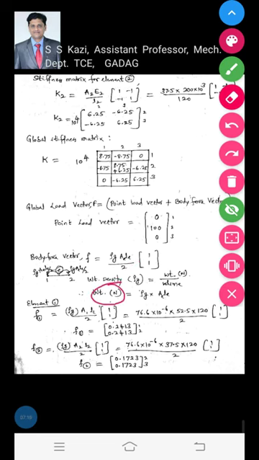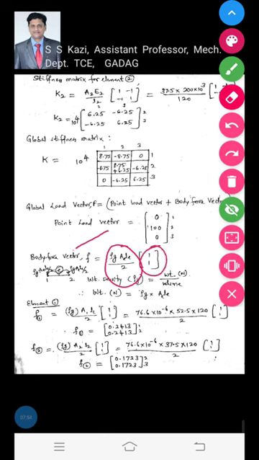Weight density I wrote here as rho g, that is mass density into 9.81, and A L is the area and length of the element, which gives the volume. Now this weight, this body force, will be equally distributed to the two nodes of the element, hence we should take rho g A L by 2 for both the nodes. Hence the formula for the body force vector for each element is rho g A L divided by 2 into 1 1.